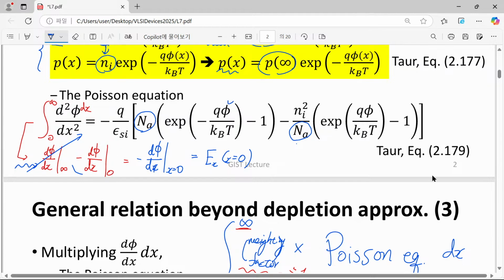Since we have made the integration, this is nothing but 0 to infinity of minus rho over epsilon, and its integration. That's it.